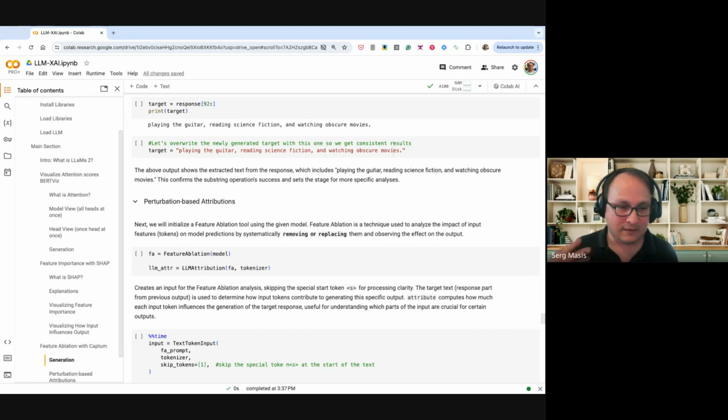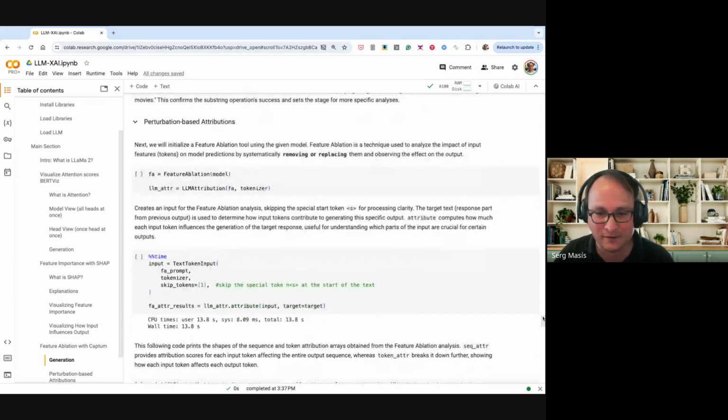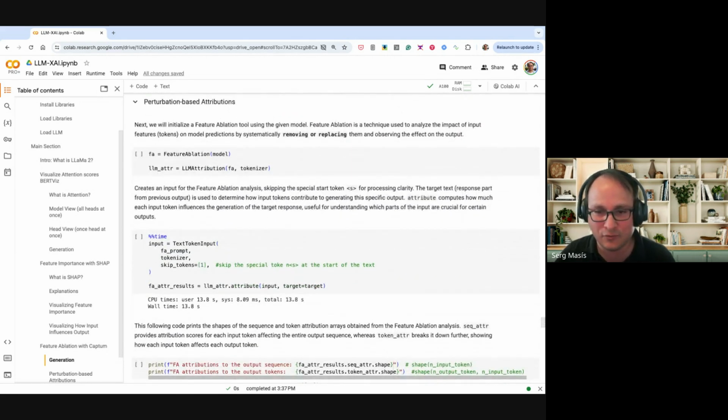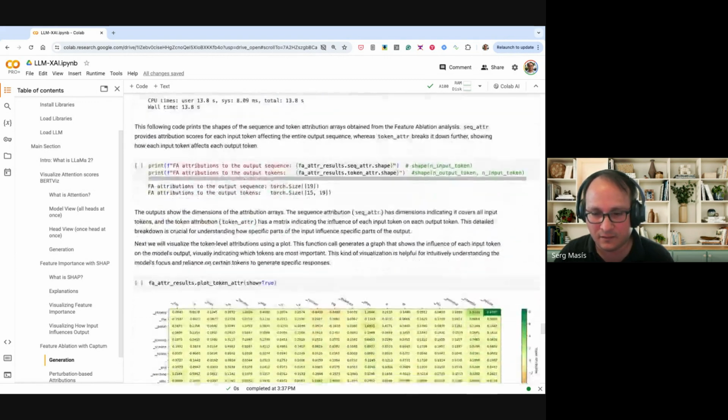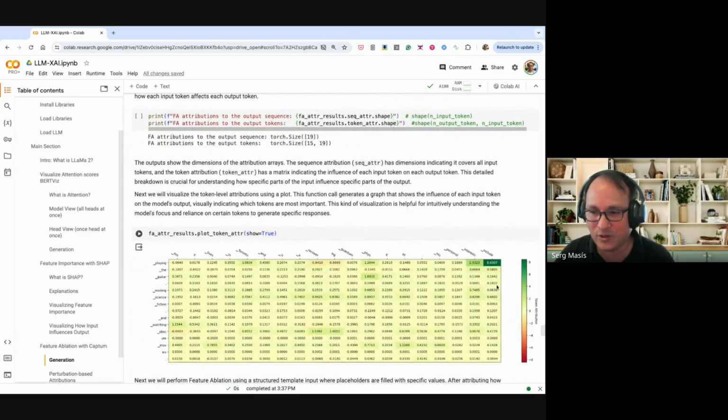Also, it could mean replacing the token, because let's say the blank canvas is not a blank canvas. There's something there already. That's kind of cool because you can compare a lot of different things. Here we can see which ones matter the most.